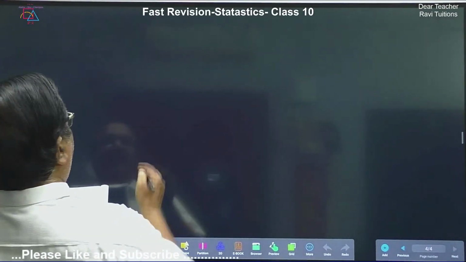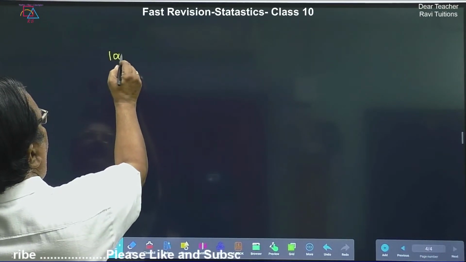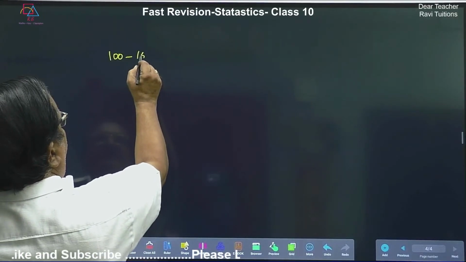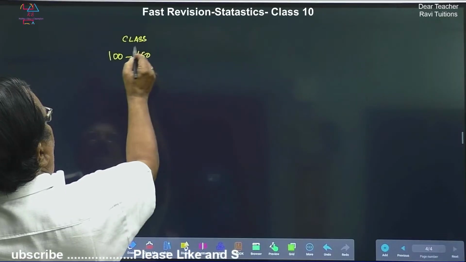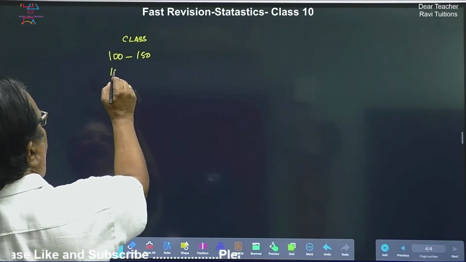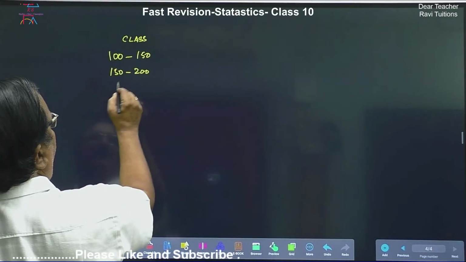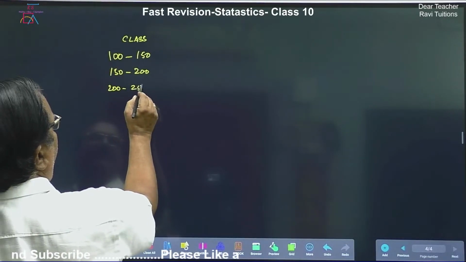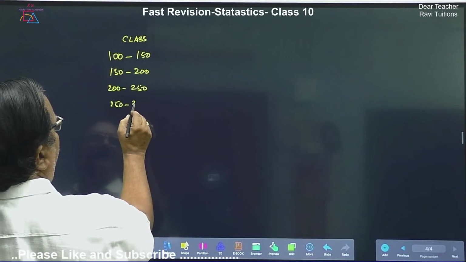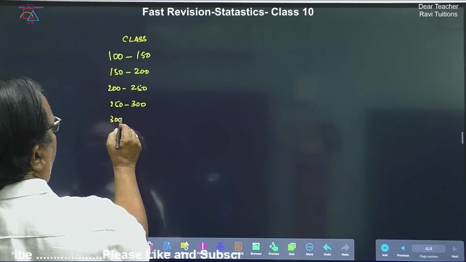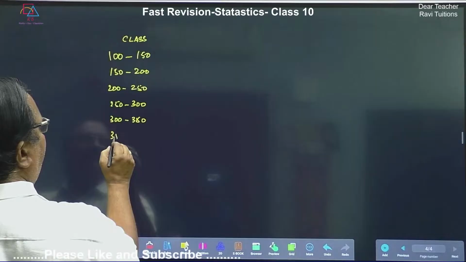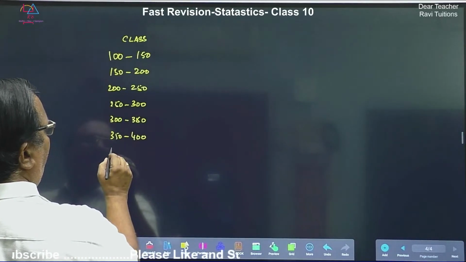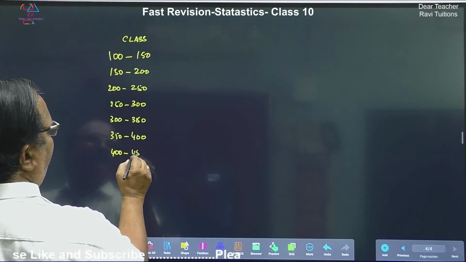The class intervals are 100 to 150, 150 to 200, 200 to 250, 250 to 300, 300 to 350, 350 to 400 and 400 to 450.